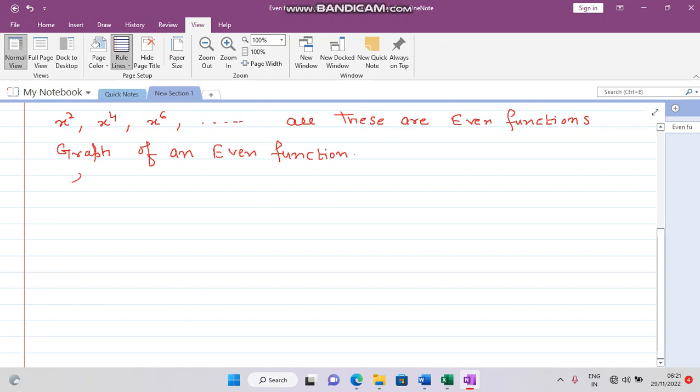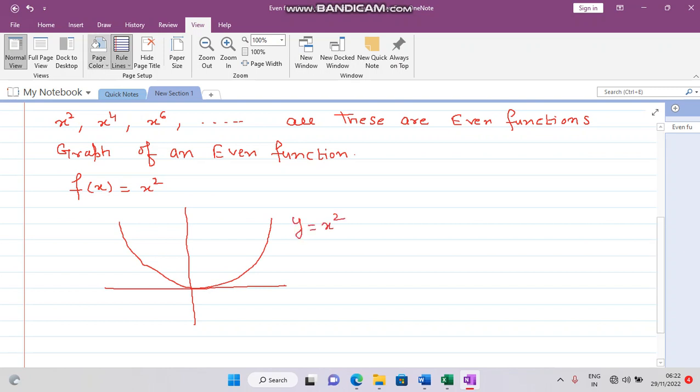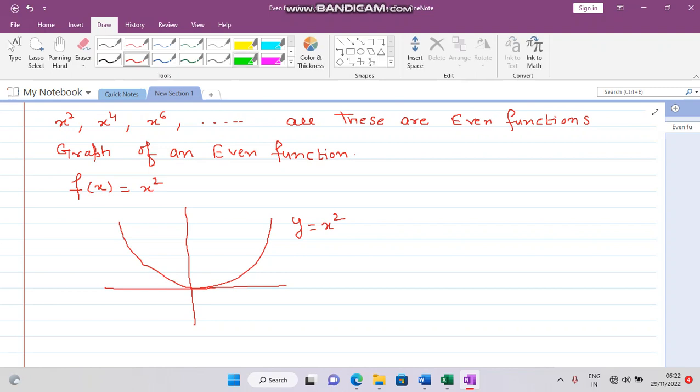See, in order to see the graph of an even function, I take this example f of x equal to x square. The graph of f of x equal to x square is something like this: y equal to x square. So you see that the portion of the graph on this side is the same as the portion on this side.